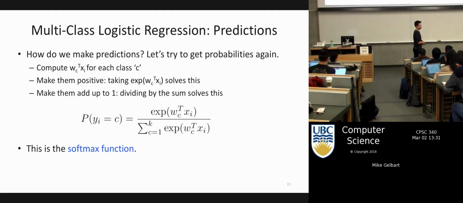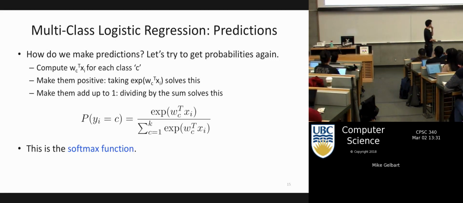I want them to be probabilities. My first problem is that they're negative. So I'm just going to take exp of all of them, and then they're not going to be negative. Great, I solved that problem. And then I also wanted them to add up to 1. So I'm going to just divide by the sum of them, and then they're all going to add up to 1. So that's what's happening on the slide, right?